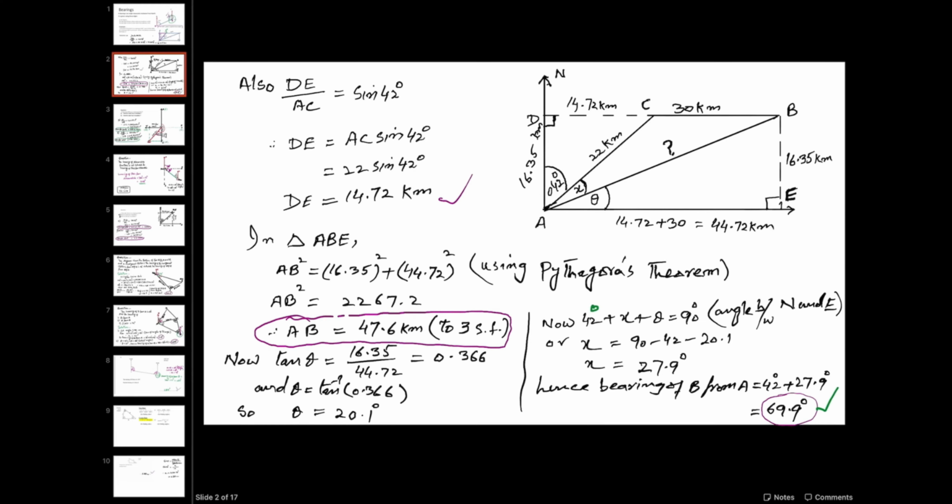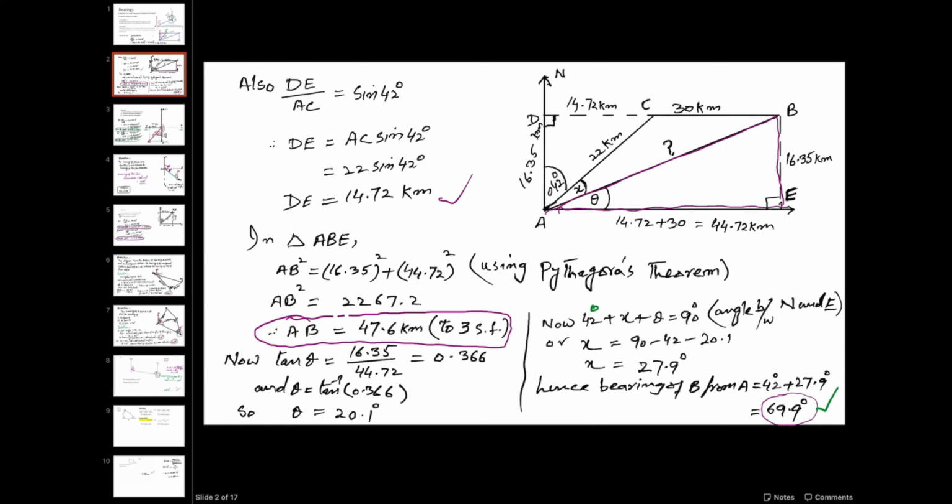In triangle ABE, AB square is equal to 16.35 square plus 44.72 square.